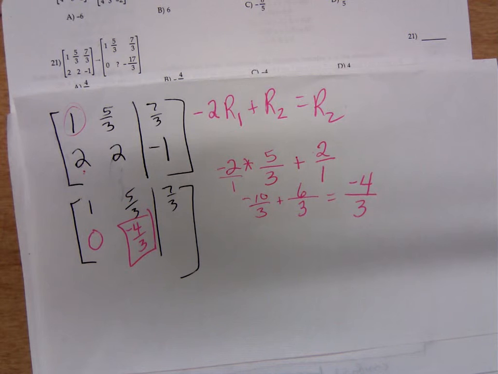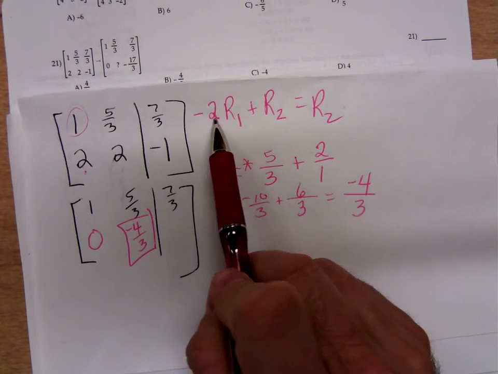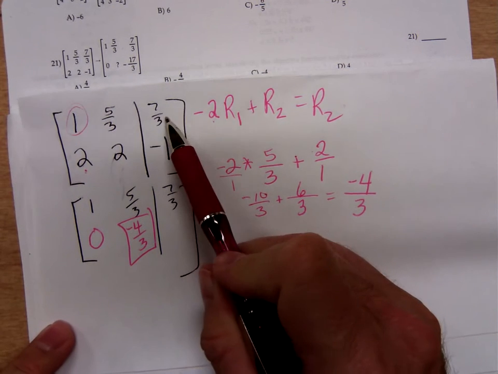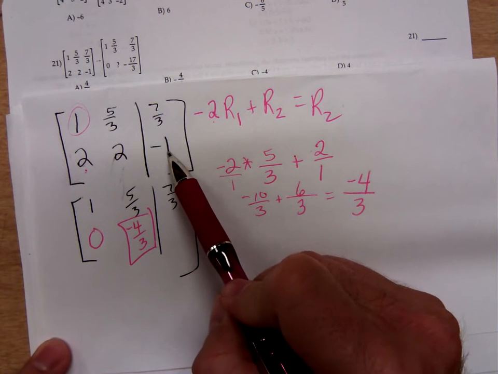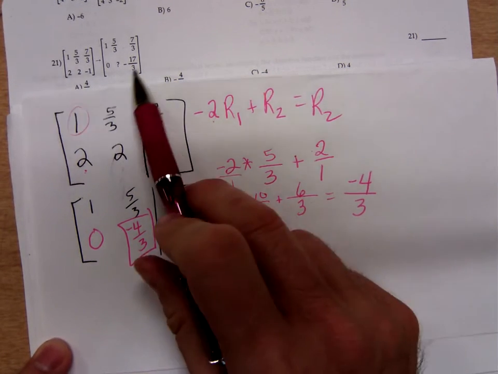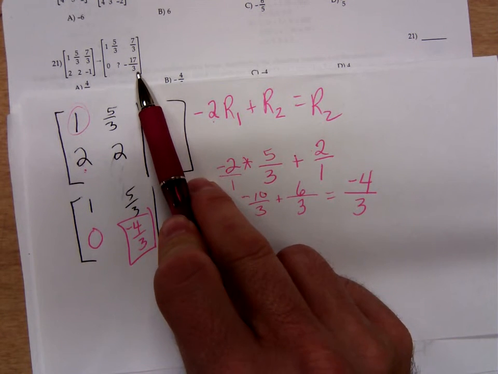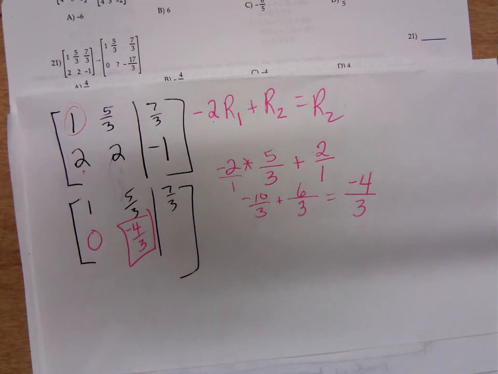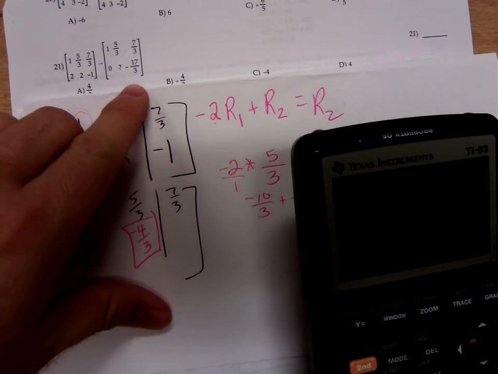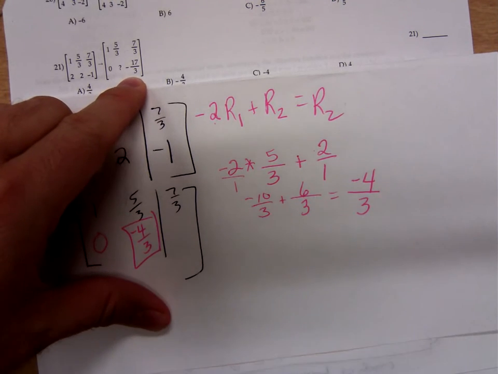If you wanted to check and verify that you have the right operation, what you could do is negative 2 times 7/3 plus a negative 1. We're told it's going to be a negative 17 over 3. Y'all do that, either in your head or in a calculator maybe? Let me see. I'm just going to verify that we're getting a negative 17/3 there.